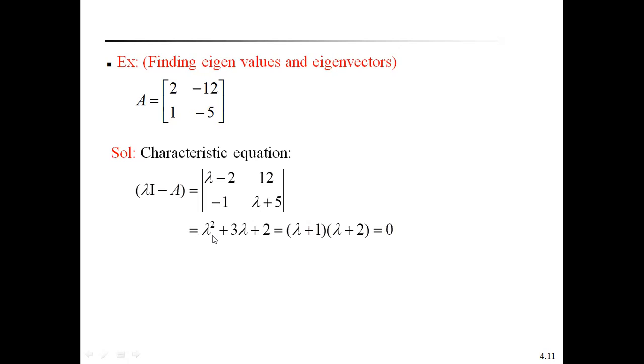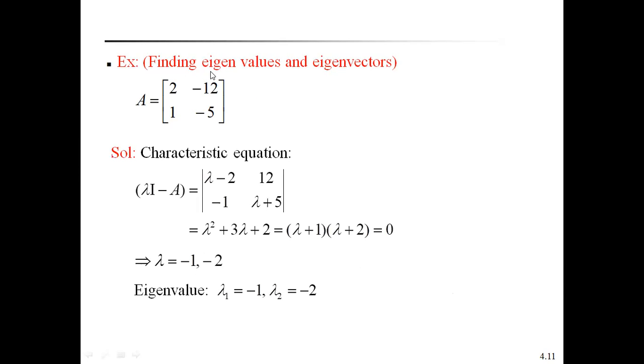We get the equation lambda square plus 3 lambda plus 2. We can divide into two factors: (lambda plus 1) into (lambda plus 2) is equal to 0. From this, we get lambda equal to minus 1 and lambda equal to minus 2. What are the eigenvalues? The first eigenvalue is minus 1 and the second eigenvalue is minus 2.